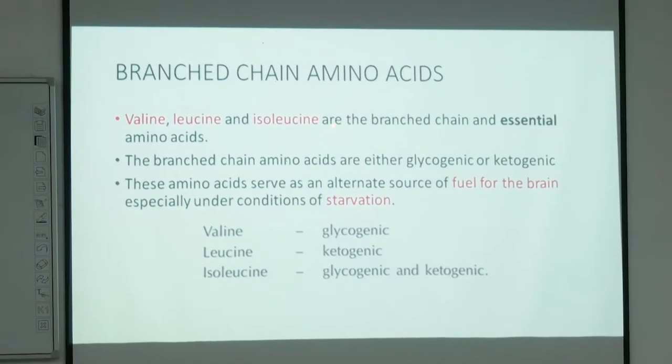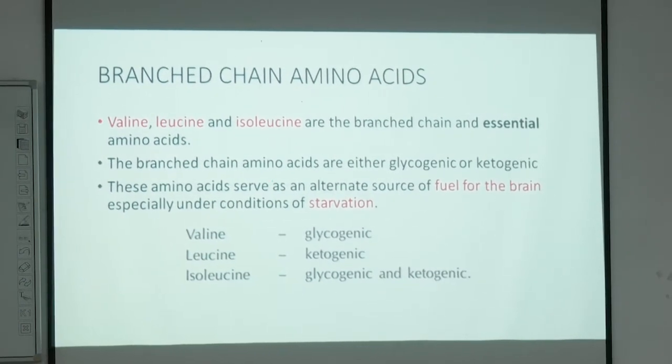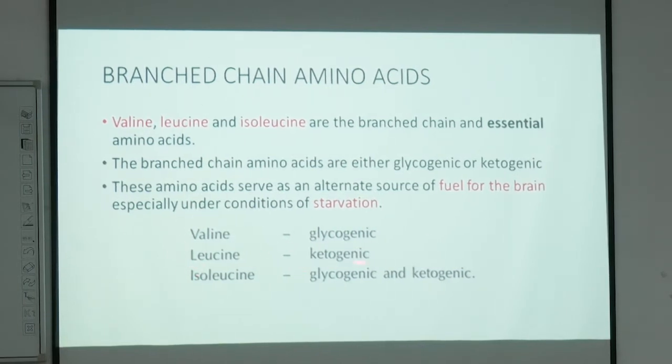These are the three branch chain amino acids, and these are all essential amino acids. Valine is glucogenic, leucine is ketogenic, and isoleucine is both glucogenic and ketogenic.